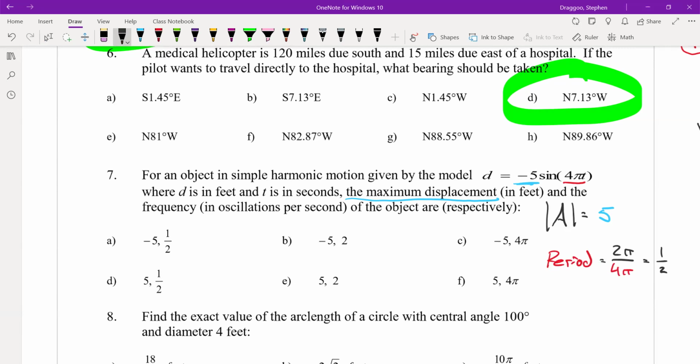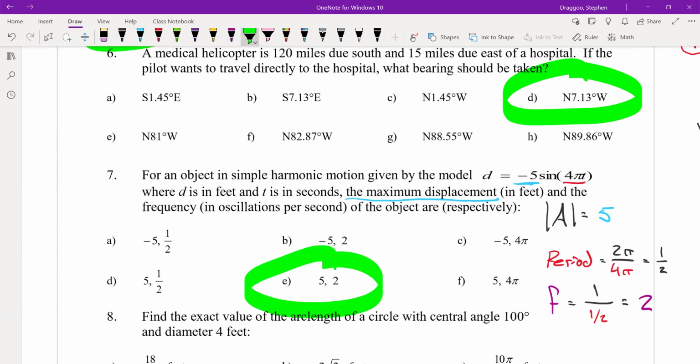And finally, the frequency, the part we're after, is 1 over the period. 1 over 1/2 is 2. So option E, 5 and 2. Be careful of 5 and 1/2, because that's the maximum displacement and the period. The question was asking for the maximum displacement and the frequency.